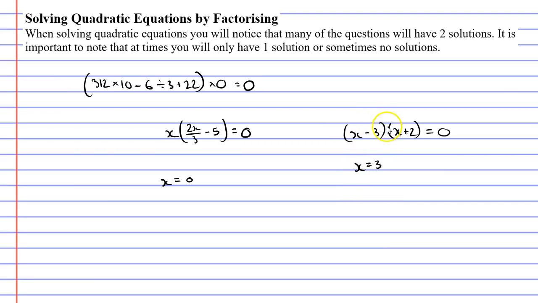Once I'm at that point where I get one set of brackets to 0, I don't really have to work out the second set of brackets, because 0 times anything equals 0, right? Yeah, there's actually a second solution here, and we find that by focusing on the second set of brackets as opposed to the first set. What could I do to make the second set of brackets equal 0? Well, if I had x equal to -2, -2 plus 2 is 0, and then 0 times whatever is in the other set of brackets will equal 0 as well. So these are our 2 solutions.